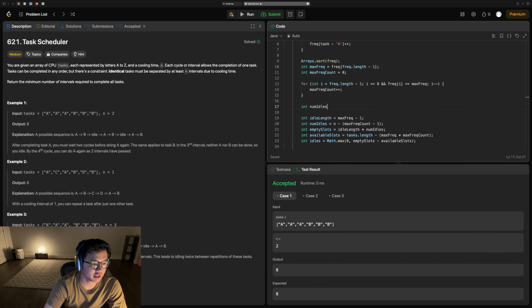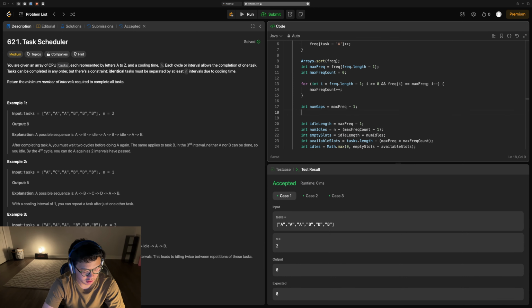Int num idles. Int num gaps. Max frequency minus 1. So we count the frequencies up, and then we take the minus 1, and that's the number of gaps that we'll have. And then we need to calculate how long those gaps are going to be.